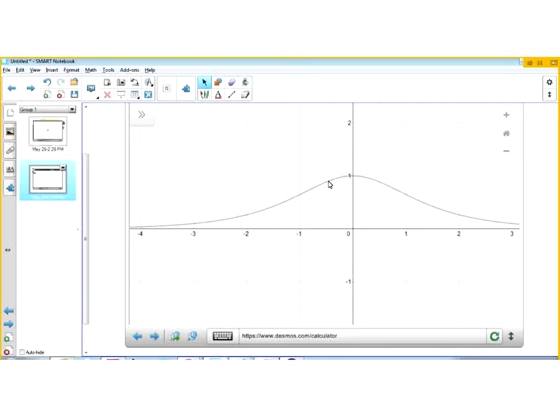It attains a global max at (0, 1), right here, and it's asymptotic with the x-axis. So a rather interesting curve. The other two, the hyperbolic cotangent and hyperbolic cosecant functions, I'll let you explore on your own to find their properties.